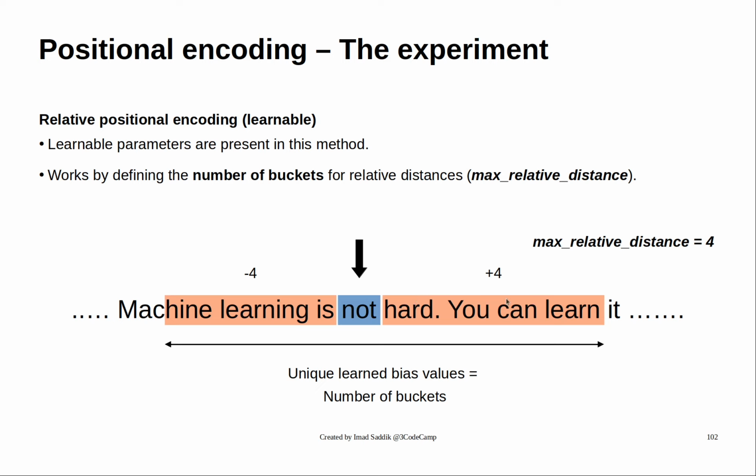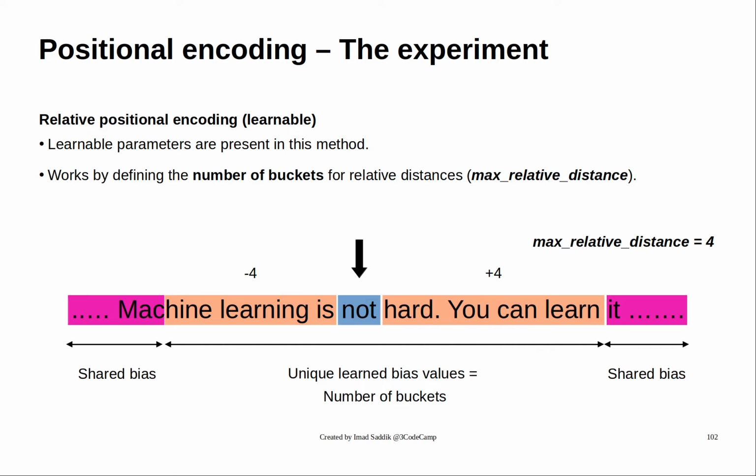So this range is called the number of buckets, and it contains unique learned bias values. This is the range that we are interested in, because as I said before, tokens that are very close to the one that we are looking at will influence it more than far away tokens. Tokens that are very far away, that have very big distances, should not affect the token very much.